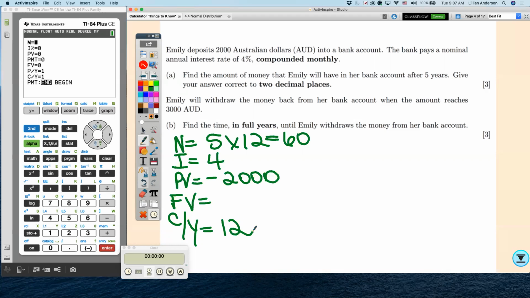Okay. All right, so let me do that. Let's see, I got 60, 4, negative 2,000. I think that makes a difference. Not quite sure. But when you use this feature to solve for whatever piece you're looking for, alpha, enter. I don't think that's right.